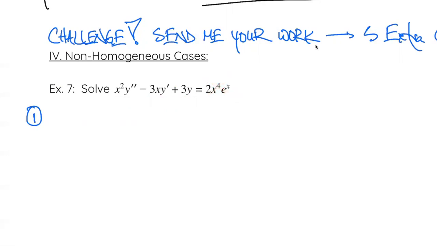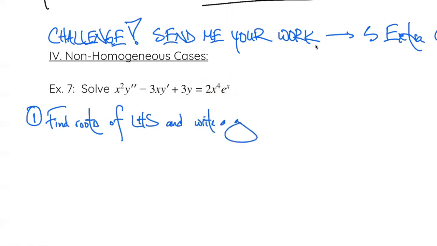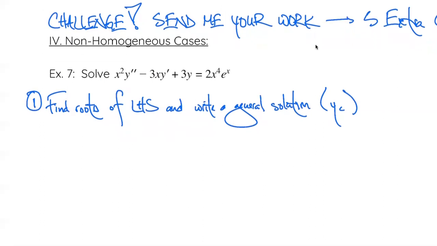And so the first thing that I would encourage you to do is find roots of the left-hand side and write a general solution. Okay, now this will be our y sub c part. Okay, so if you haven't watched the previous videos yet, take a look at those to see what y sub c stands for. But that would be my first suggestion to start there.